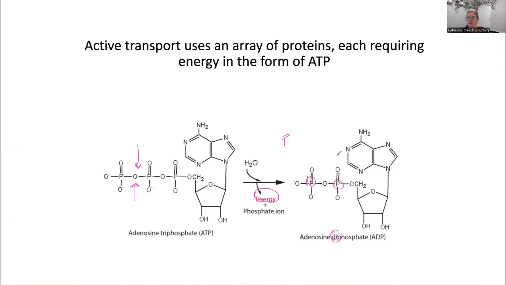So now there's only 2 phosphates. But the really amazing thing is this is reversible, right? So I can take the energy out, and then I can put the energy back in by reattaching this phosphate. So the conversion from adenosine diphosphate to adenosine triphosphate is continual. We're storing energy and then releasing it and storing it and releasing it. We have a special type of name for how that happens and what it looks like.